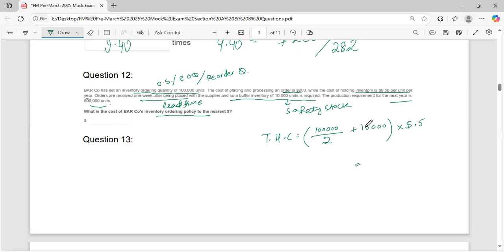So we can calculate it like $30,000. Then we have total ordering cost: annual demand, next year demand is 600,000, and order size is 100,000.